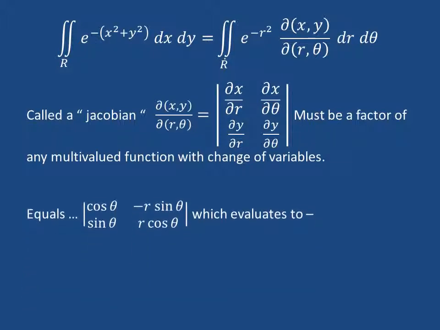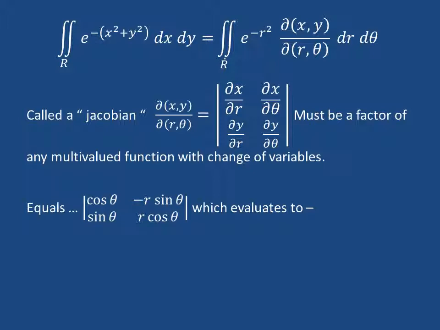Now, this is a determinant. So when you take the derivatives, dx by dr becomes cosine theta, dx by d theta becomes negative r sine theta, dy by dr. Now the partial derivative, of course, is sine theta, and the partial of y with respect to theta is r cosine theta. You can check this out on your own.